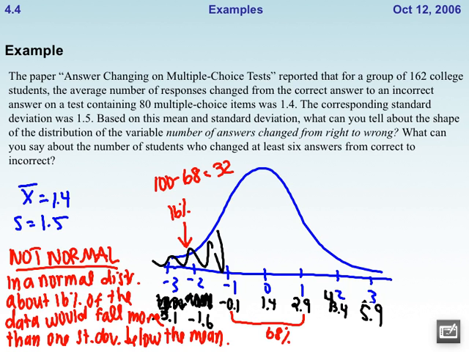We would say that's not possible here because that would indicate a negative number of responses changed. So this distribution cannot be normal.